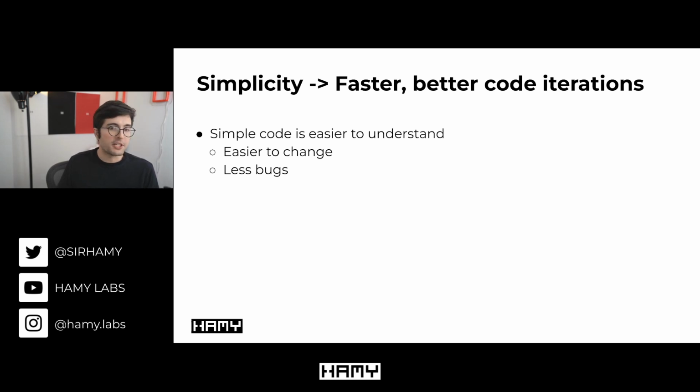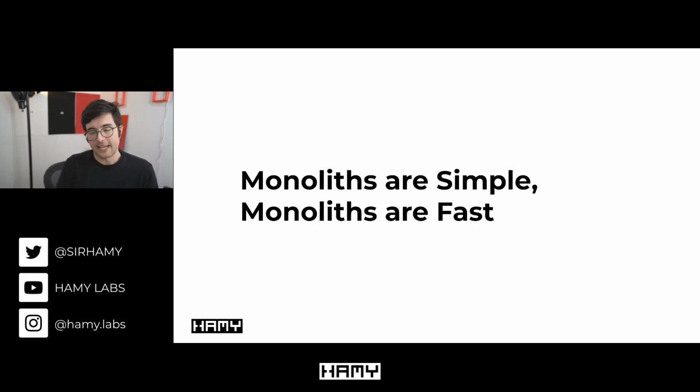And then when we make changes, there's typically fewer bugs because that code was easier to understand in the first place. And so not only are we shipping faster, but we're also having to revert less because there's fewer bugs getting shipped. So if we take this in context with the idea that monoliths are simple, we also come out with the idea that monoliths are fast, which for most orgs, for most companies, is the most important thing.